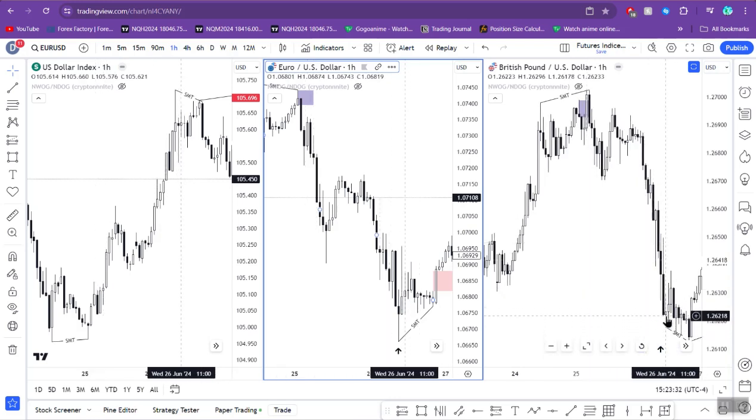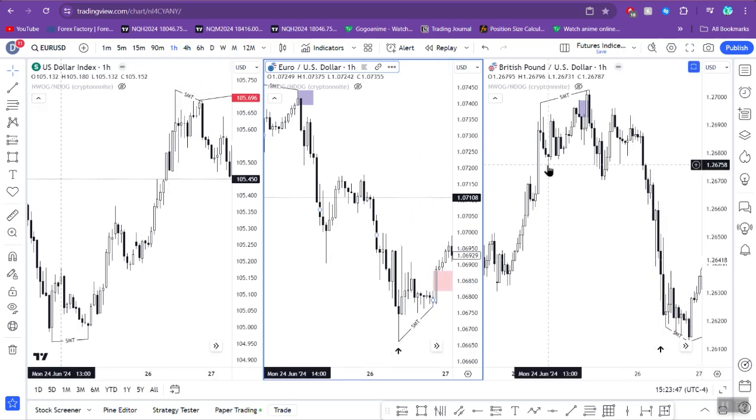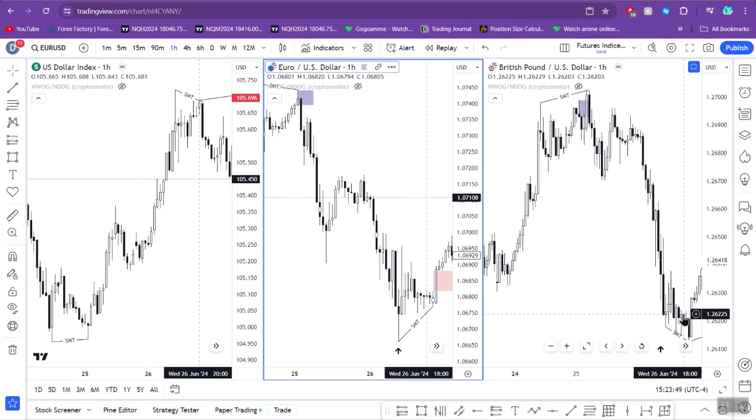This is the low of Wednesday on GBP USD. As you can see, in dollar index, we do the exact same thing. We fail to take it out here. On Euro USD, we fail to take out the low there. But on GBP USD, we take it out.